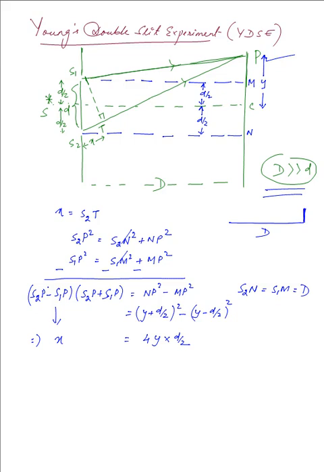On that screen, as we consider S2P and S1P, the angle that we are going to get is going to be very, very small. So these two lines, even though they have a path difference, I'll take the two slits as of now. These are the two slits. So this is the point that I've considered over here. This is the point where I'm taking the other ray.